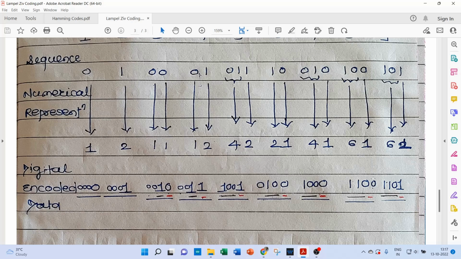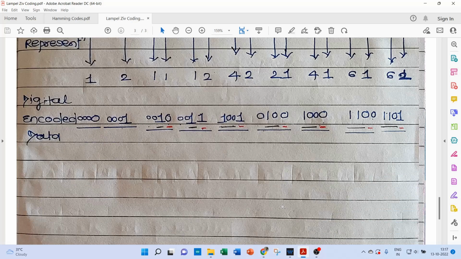For 6 1, 1 is represented by 0, and 6 by 110. Here 6 2, 2 is represented by 1, and 6 by 110. Now this is the digital encoded data. This is called Lempel coding. Thank you.